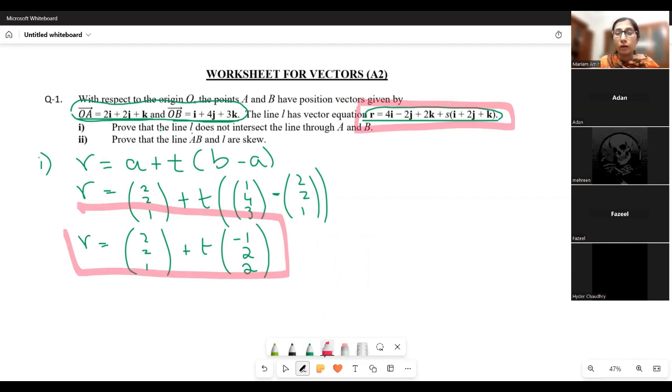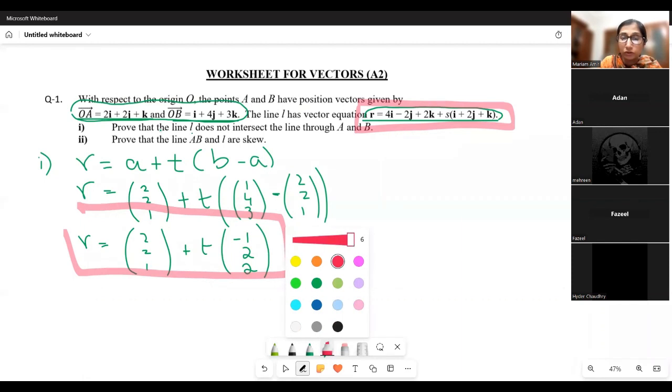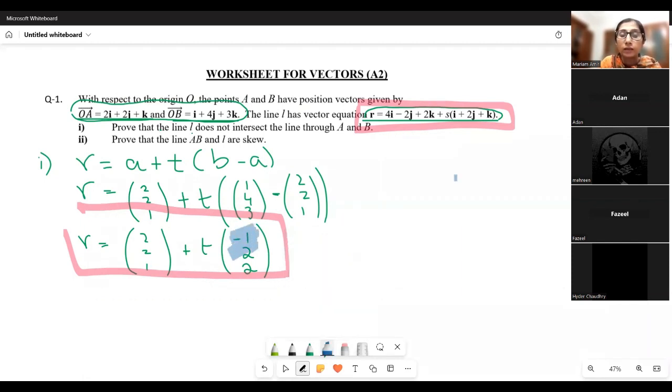All right. So now how do we show that these two lines do not intersect? The first thing you should check is if they are parallel. To check if the two vector equations are parallel to each other, all you need to look at is the direction vector of both of these. The direction vector of one of them is (-1, 2, 2), and the direction vector of the other one is (1, 2, 1).